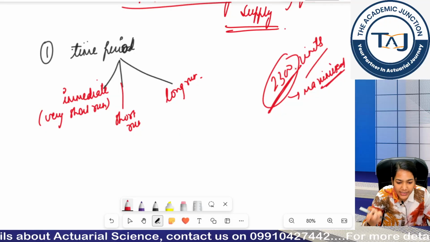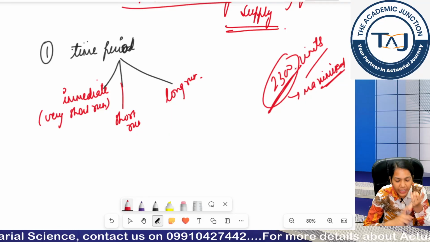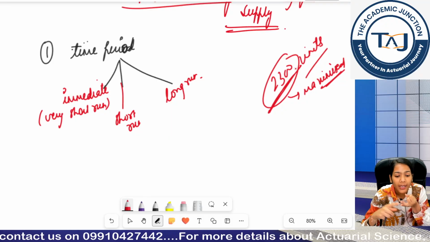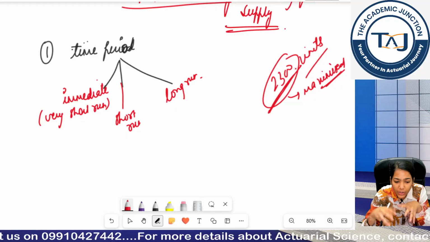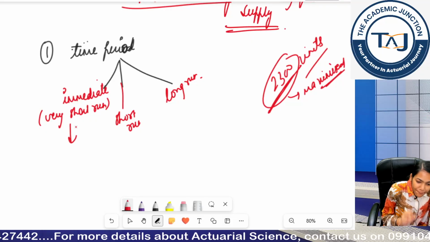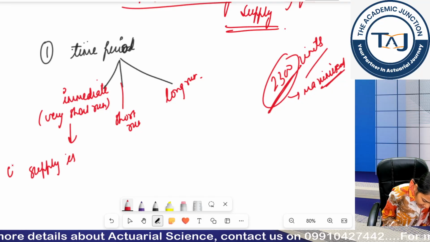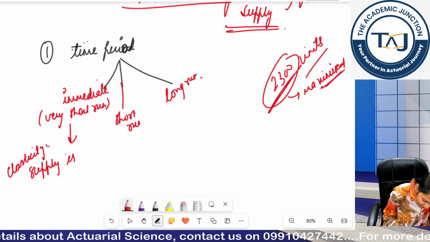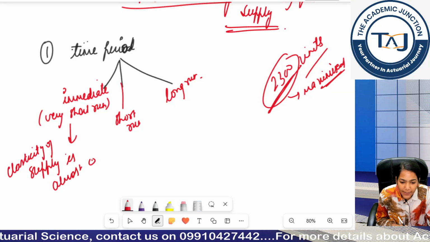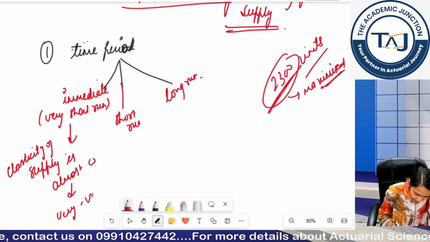Can they increase the supply? No, they would require more labor, maybe more machinery, and if there is no space, they might need to buy a building, then additional raw material. So there are a lot of things required for one more unit of supply. That's why in the immediate, very short run, supply elasticity is almost 0. I can't change my supply immediately, so it is very, very inelastic.